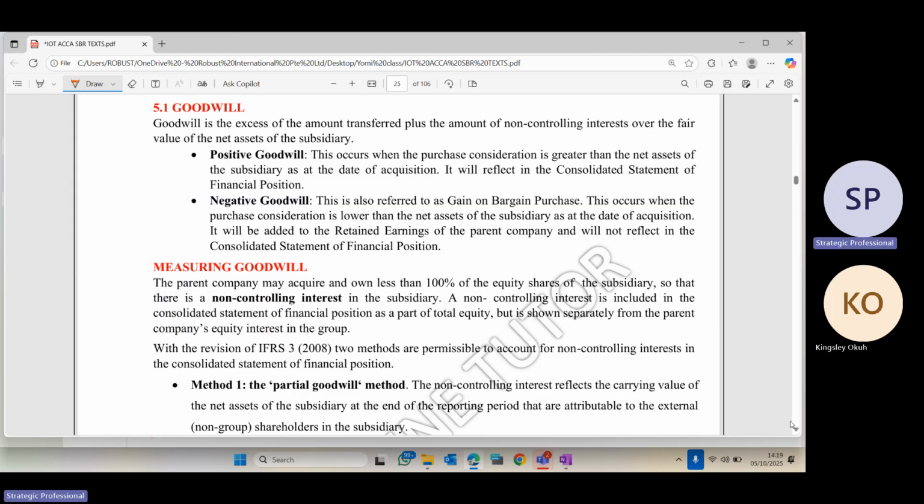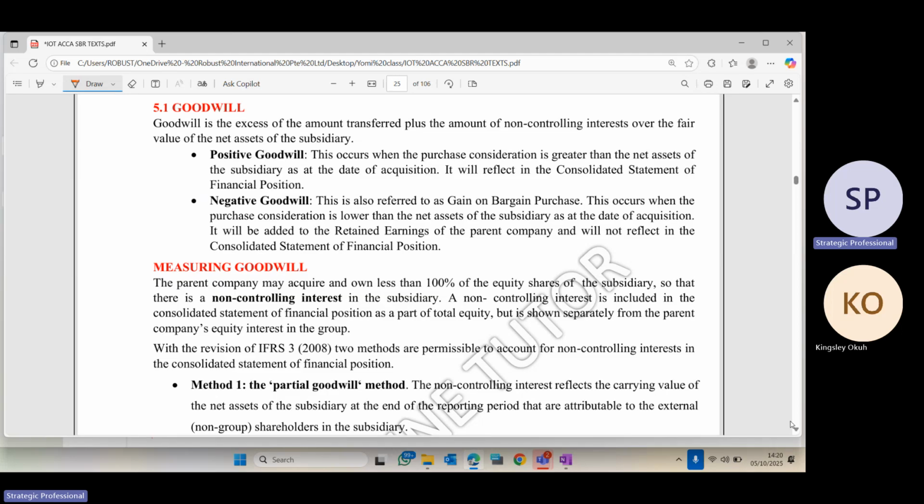Goodwill can be positive goodwill and it can be negative goodwill. Negative goodwill is also known as gain on bargain purchase.